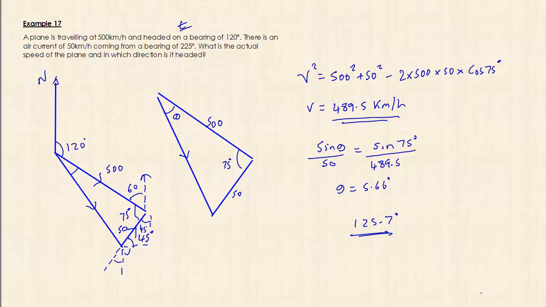I think this method is harder. It's harder to draw the diagram in the first place, for a start, and then we're using sine and cosine rules. I'd rather do it by resolving. That's my personal choice.